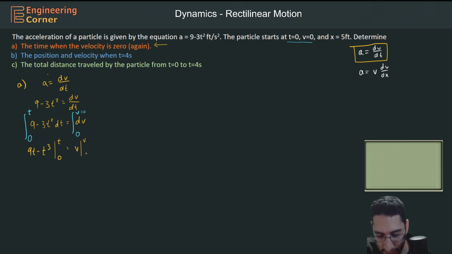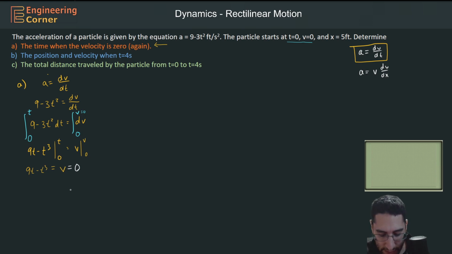So we're going to evaluate this from v to 0. Okay, so now this is going to be 9t minus t cubed. When we evaluate at 0, both these terms go away. And this is going to be equal to my velocity. And when I put the 0 in, the second term goes away. And I want to figure out what this is when v is equal to 0.